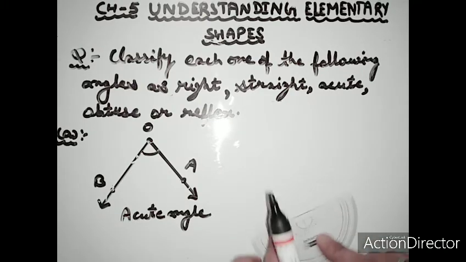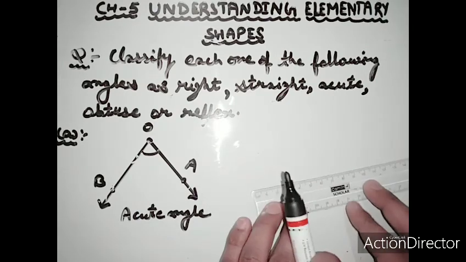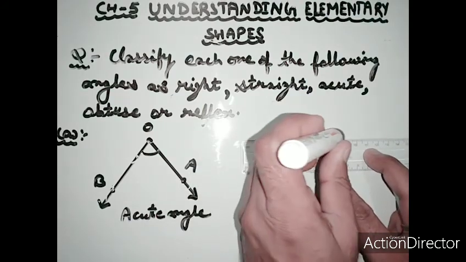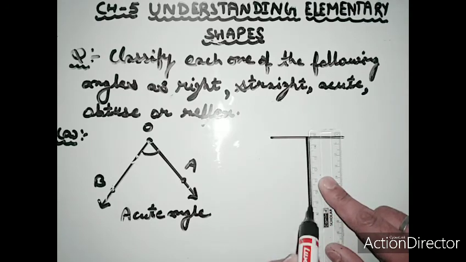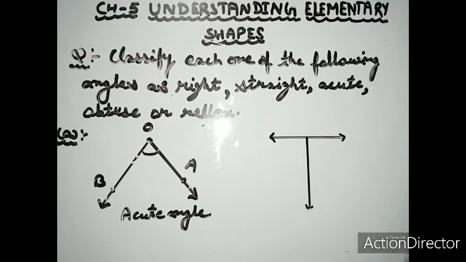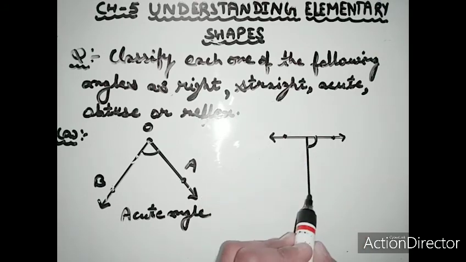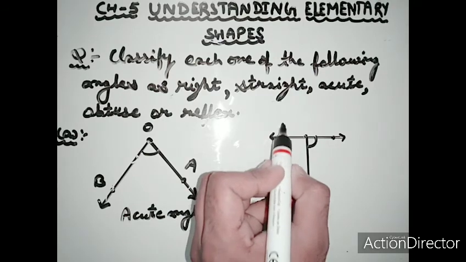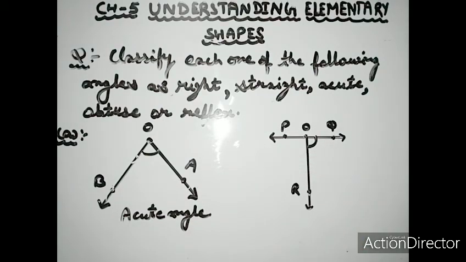Okay, so here first we draw the figure of an angle. And here I give the name of these points as P, O, Q and R, right?